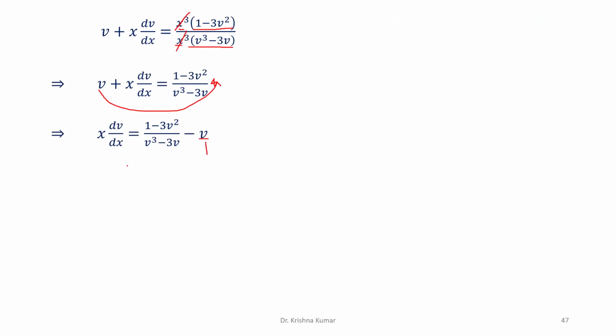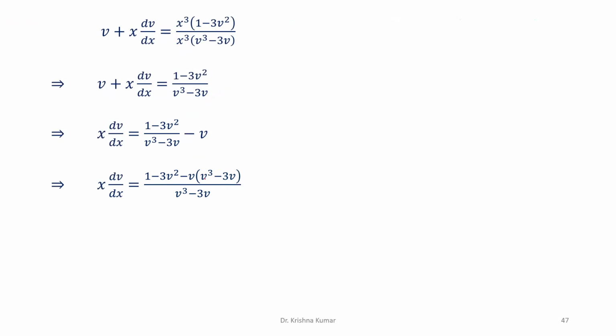If you take the LCM, the LCM is v³ − 3v, and if we simplify it, we get [1 − 3v² − v(v³ − 3v)] divided by (v³ − 3v).